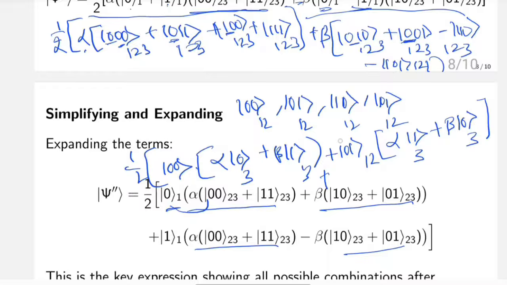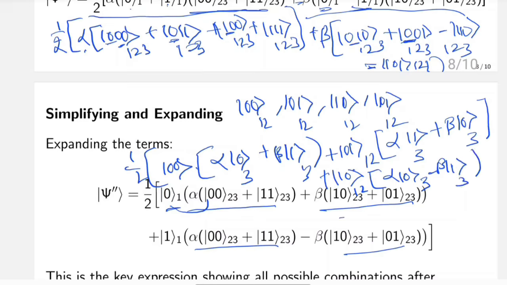So I will have ket1 0 1 2. If I take common 1 0 here, what is the remaining term? Alpha ket0 3, plus minus will be there because here it is reflecting minus. So if I take my 1 here, the remaining term will be beta ket1 3.